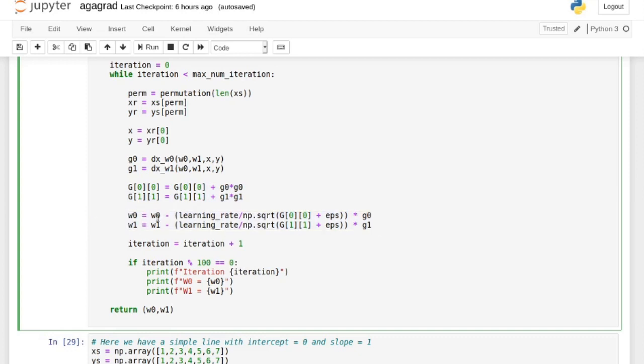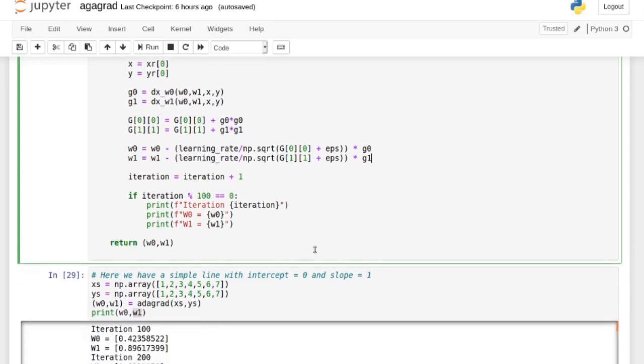So remember we have W, and then we have the learning rate divided by something, and this something is the square root of the G at ii plus the epsilon, and times the gradient over here for this whole thing. So that's pretty much that. There's nothing fancy, it's just that this is something that works well with sparse matrices.